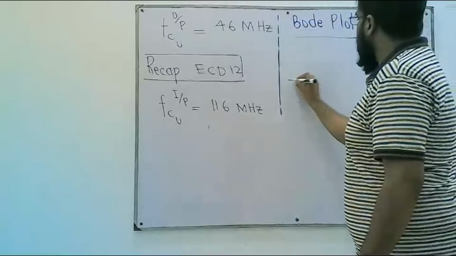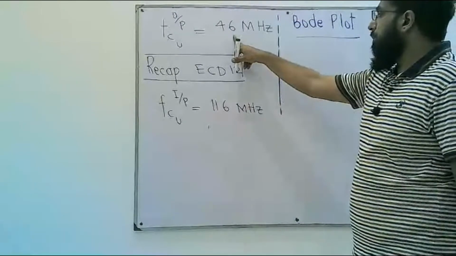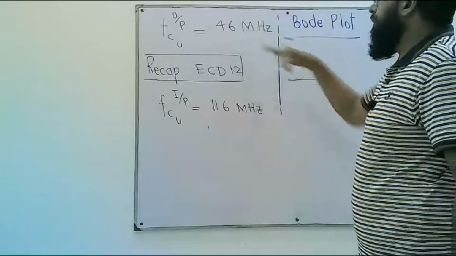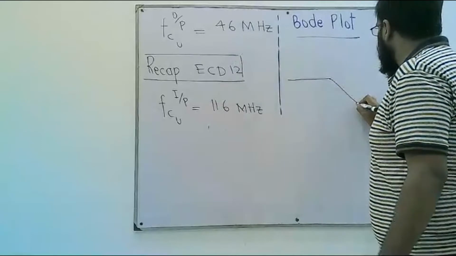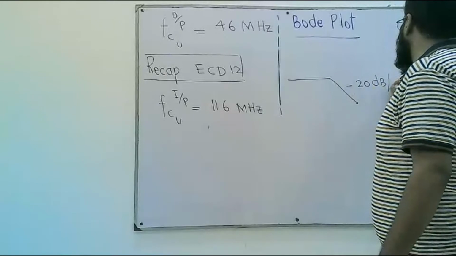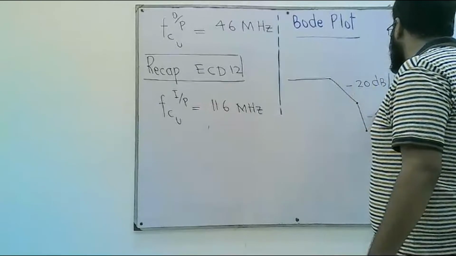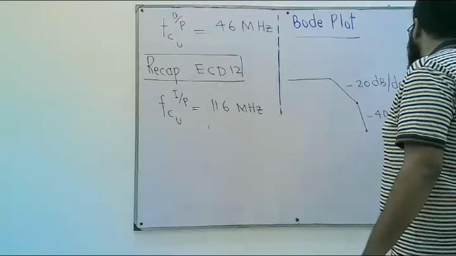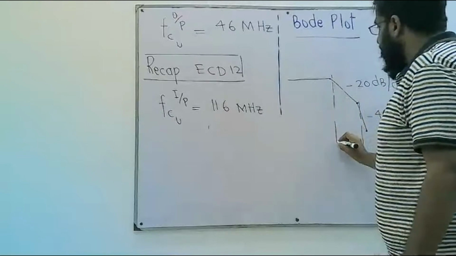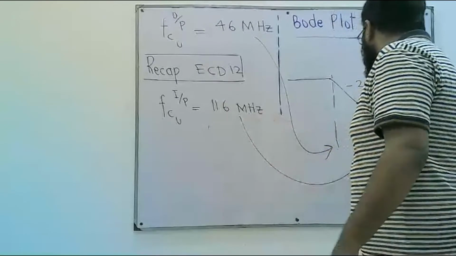This is the midband and this is the first cutoff frequency, and of course the lower one will be the significant or dominant cutoff frequency, this one. The fall here would be minus 20 dB per decade, and here it is minus 40 dB per decade. So this is this, and this is this, right?